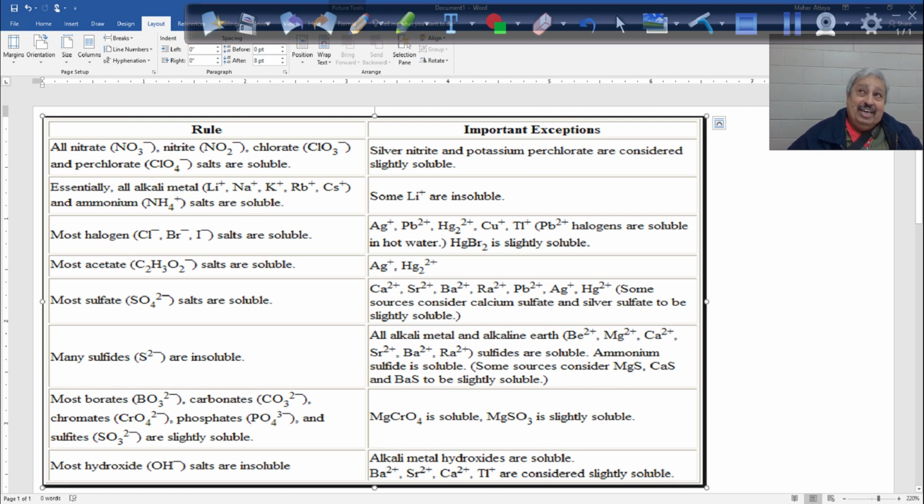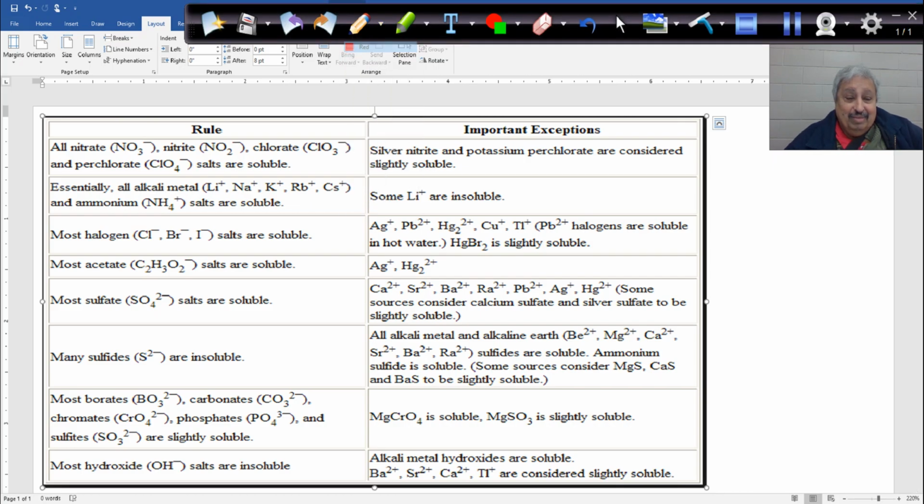Group 2A compounds are mostly soluble if they have nitrate, acetate, but not other stuff. So all the sulfates are what? Somebody tell me from the table. Are insoluble, correct? Is there any exception for magnesium sulfate?